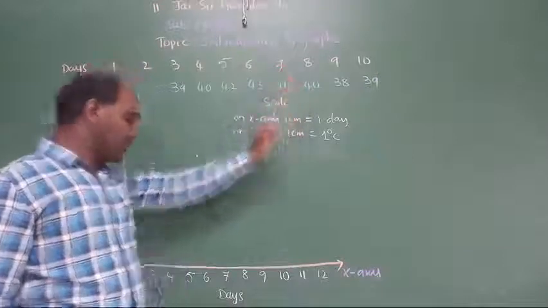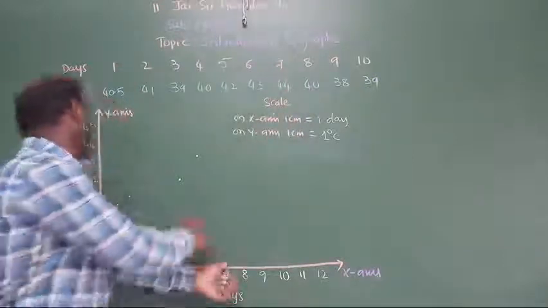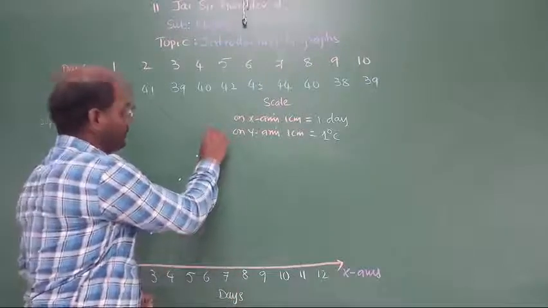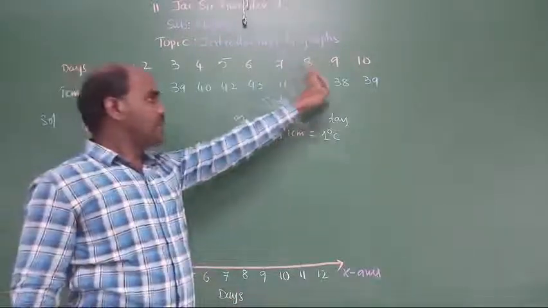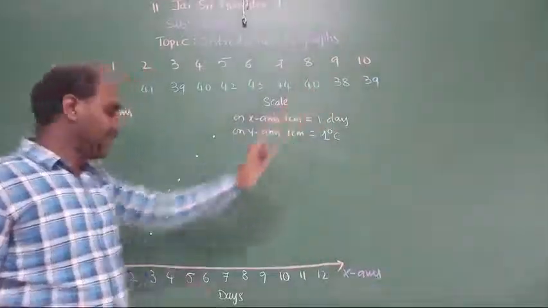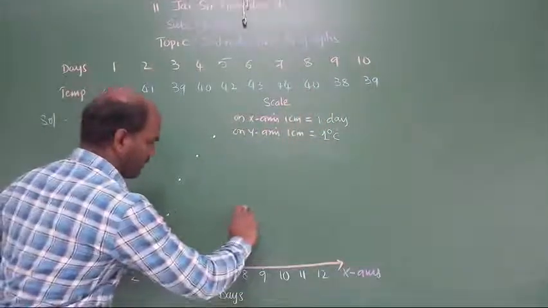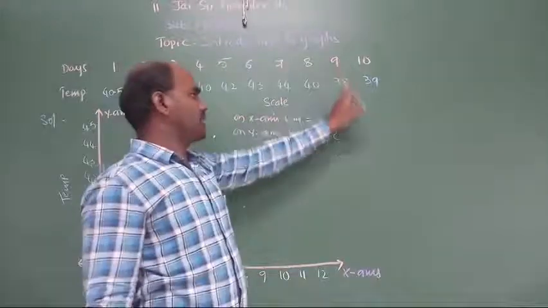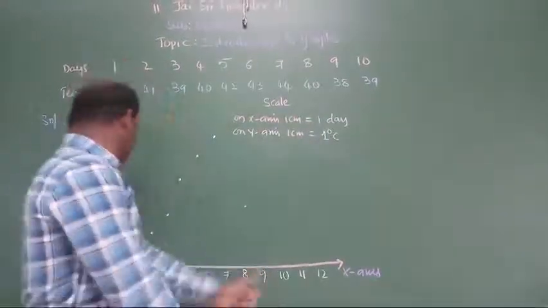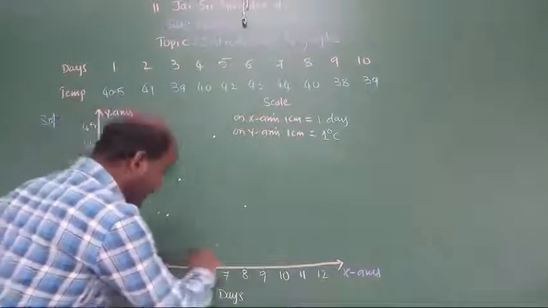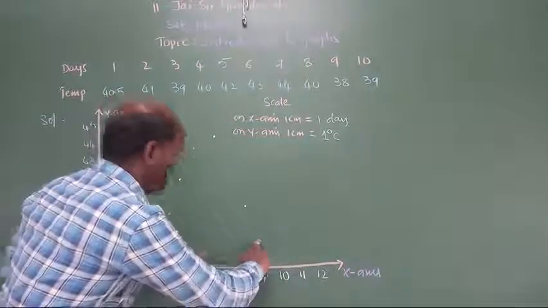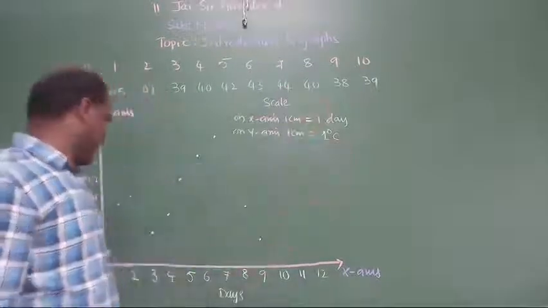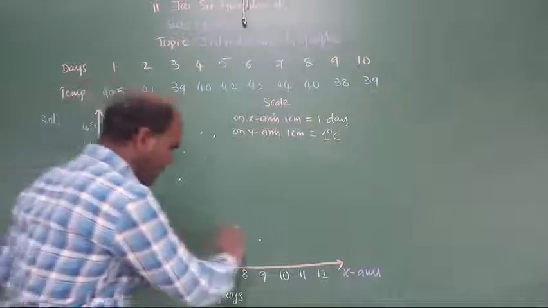Seventh day is 44. Eighth day temperature is 40. Ninth day is 38, completely came down. On the 10th day it is 39.